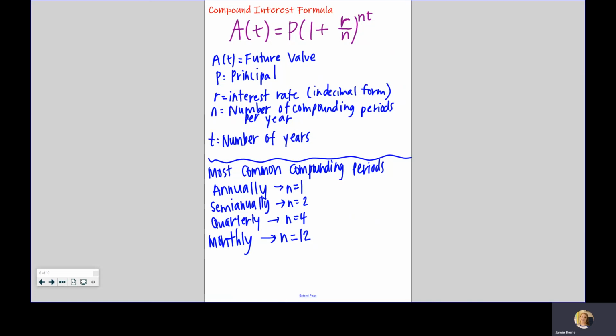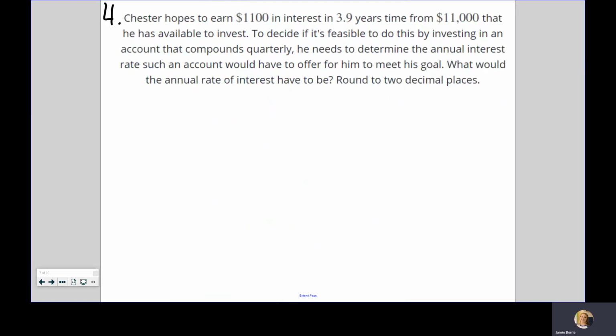There's other types of compounding periods like weekly or daily, but these are the most common: annually, semi-annually, quarterly, and monthly. All right, so this might be something that you want to add to your index card for the next test. Let's look at an example. We're going to do a couple of examples that involve this compound interest formula.